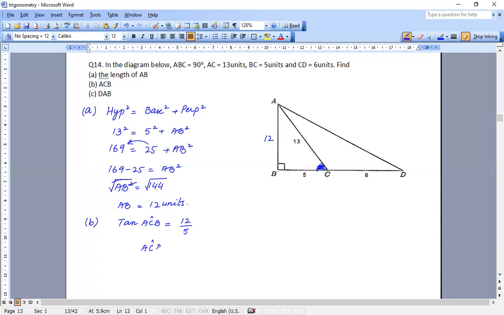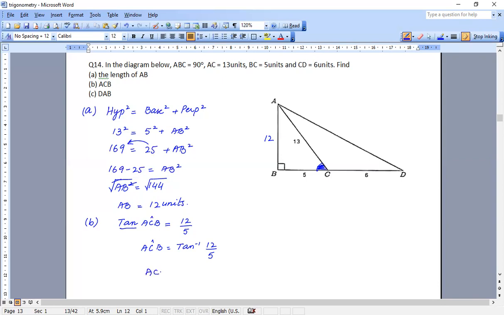In order to find out the angle ACB, I'll take tangent inverse of 12 upon 5. We remove the tangent from this side and shift it to the right hand side, it becomes tangent inverse. We are going to use a calculator to find out the tangent inverse of 12 upon 5, or maybe you can convert it into a decimal, which will be 2.4.